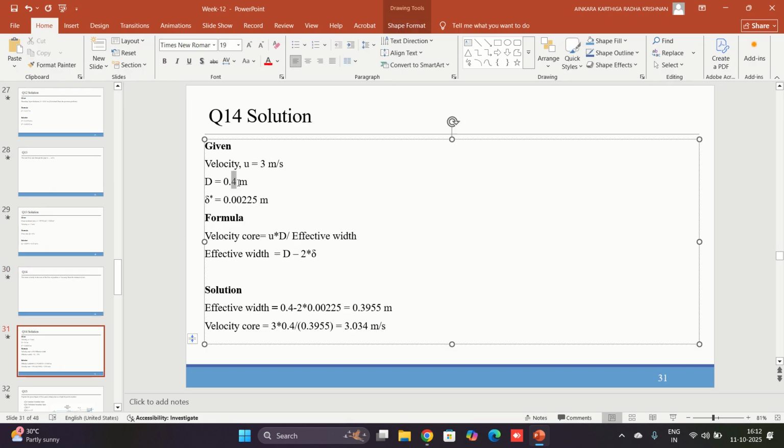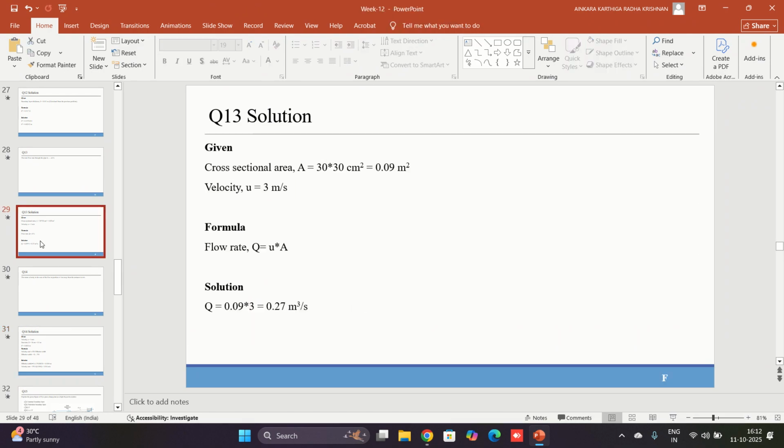It is 3.3 centimeter. Duct size, I mean duct length or size, is 30 centimeter. Delta star again, it is 0.024.